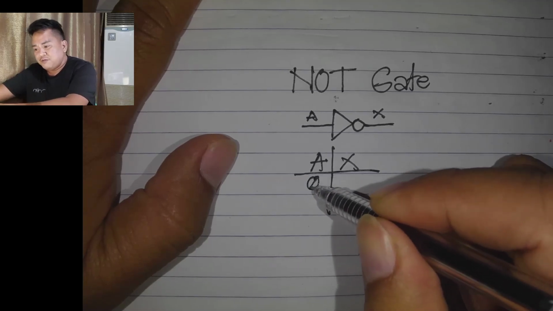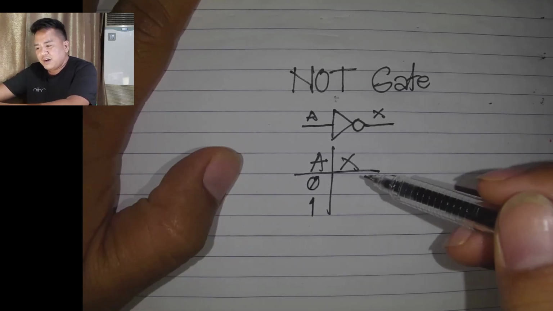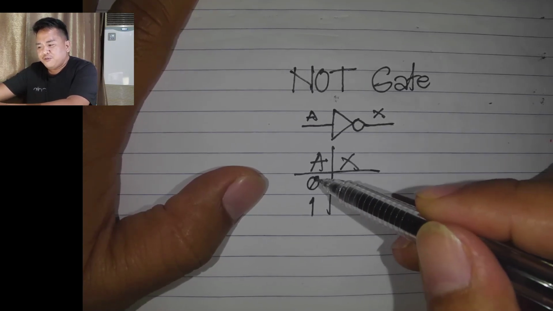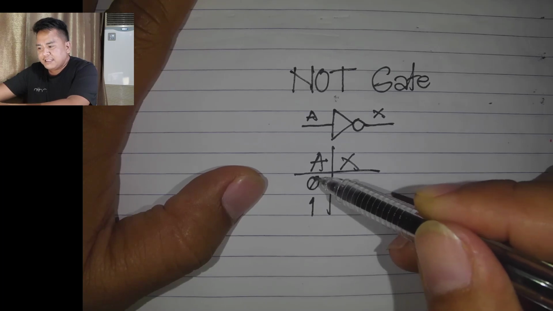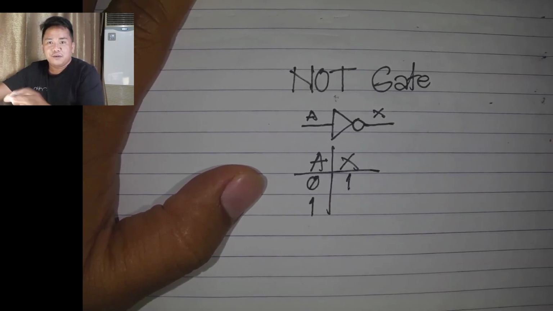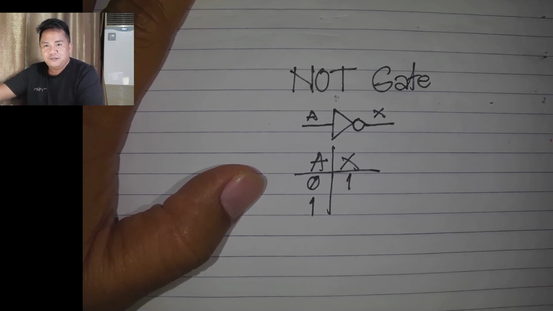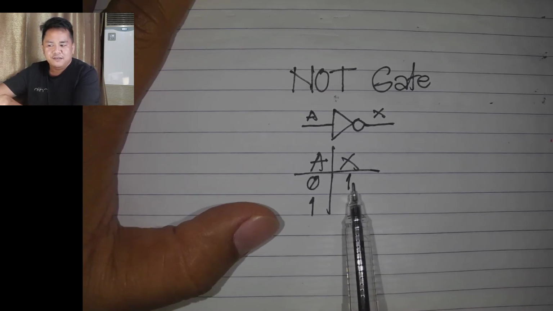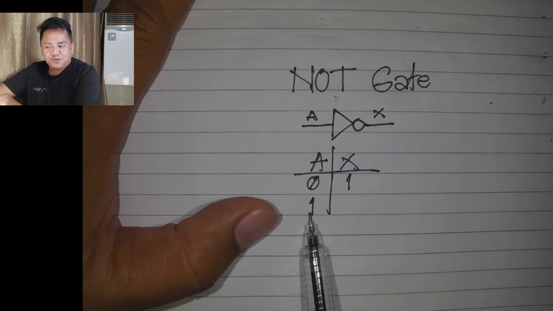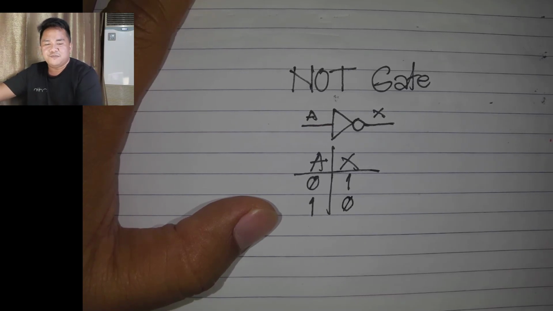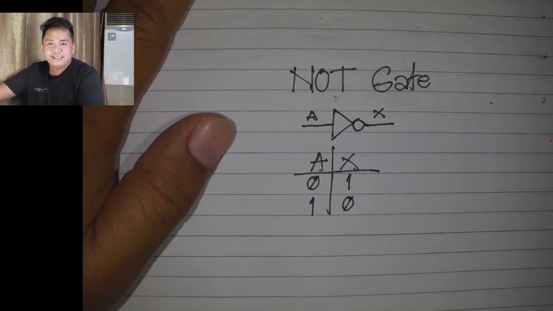Now yung output natin, X, kung meron tayong input na 0, the output of this is 1. So i-invert niya. If the input is 0, the output must be 1. Now, kung yung input natin is 1, the output must be 0. So yun yung behavior ni NOT gate.